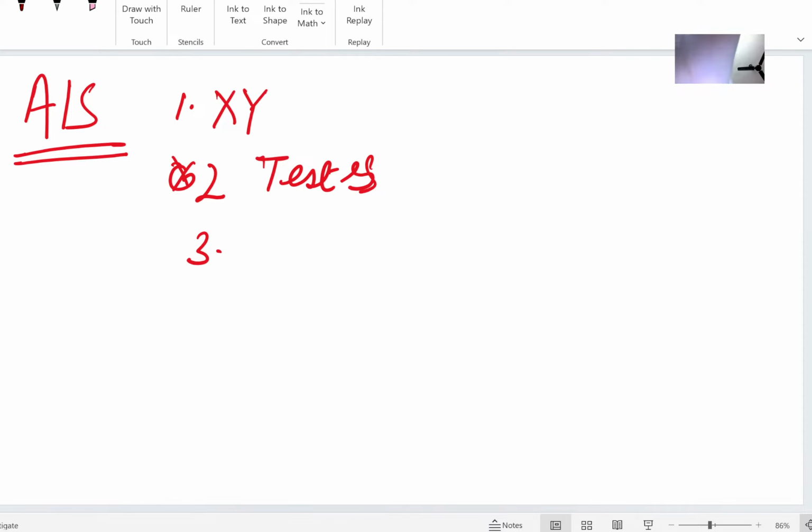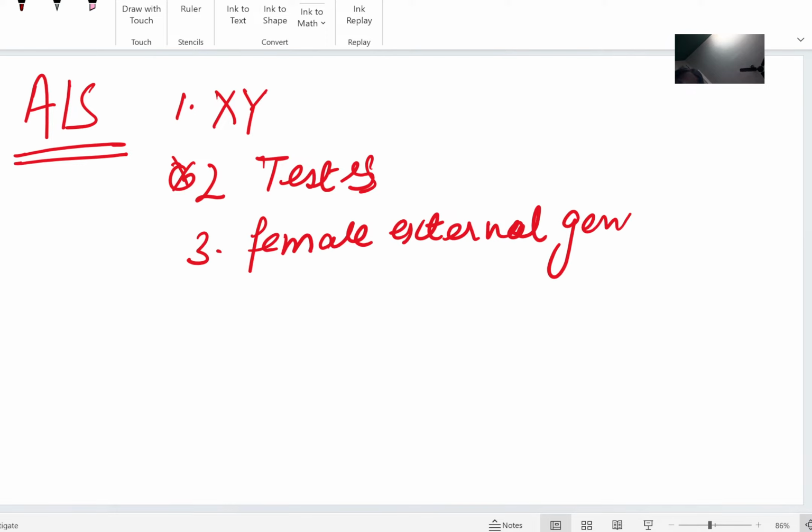Number 3, testes are present. Number 4, female external genitalia.